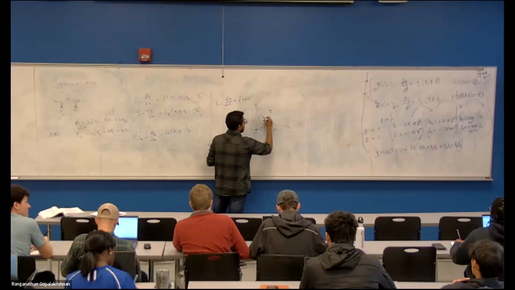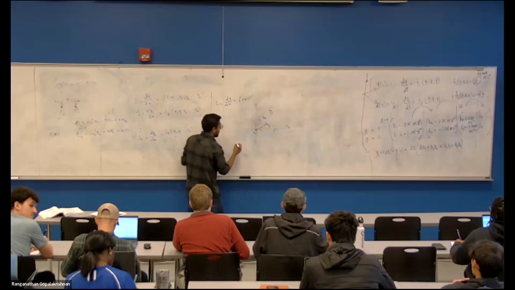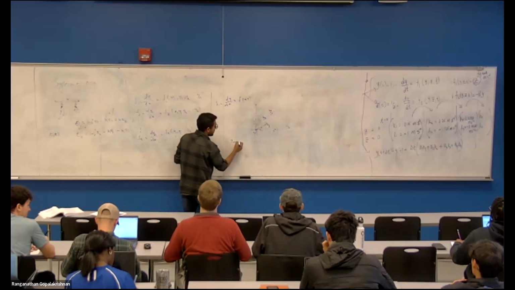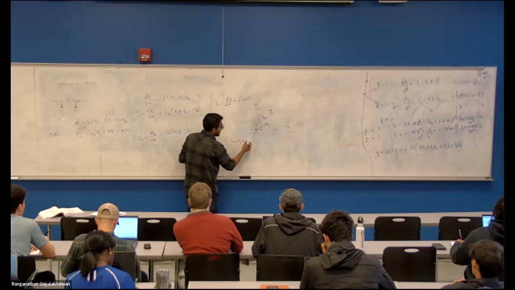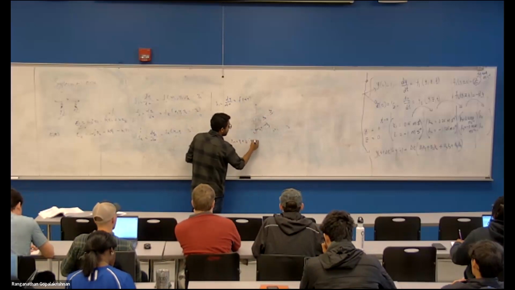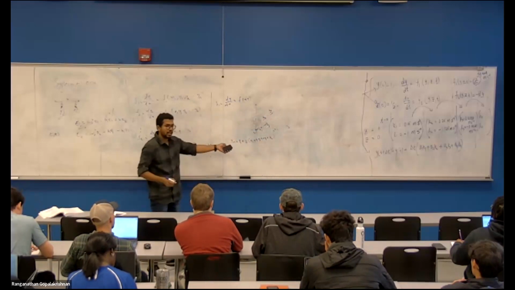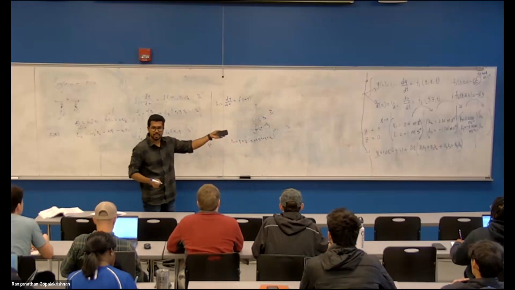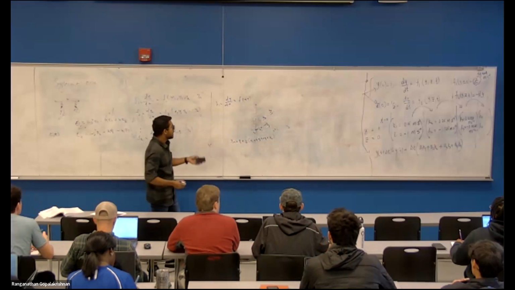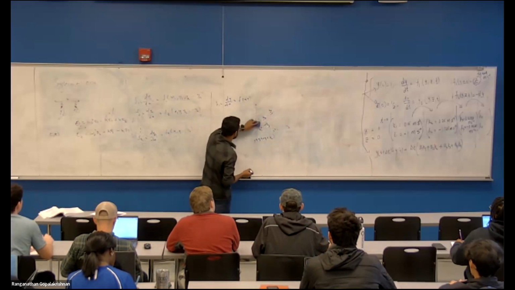We take the average: yi plus 1 equals yi plus 1 over 6 of k1 plus 2 k2 plus 2 k3 plus k4. You know how to define k1, k2, k3 and k4, right?